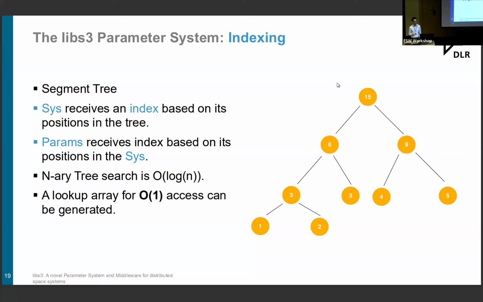And you can also build a lookup table, a lookup array, and you will have constant access to any one of the parameters using the indexes. The only downside is that you cannot choose the indexes. The indexes are assigned at runtime based on the position in the tree. So if you add a new system, the indexes can change. So you have to be aware of that.